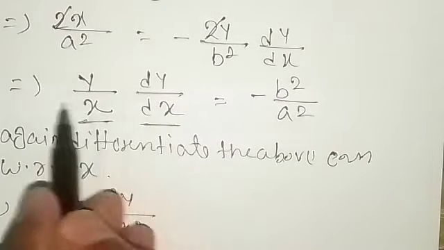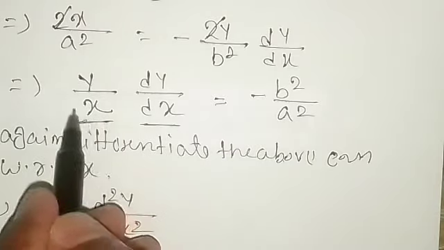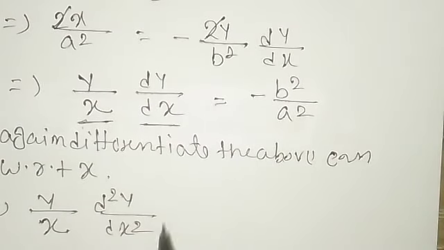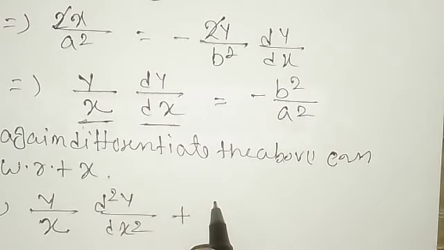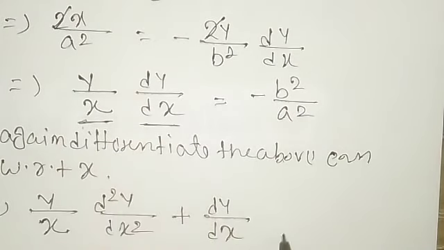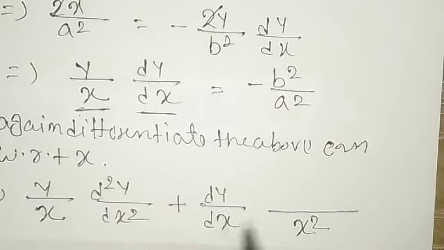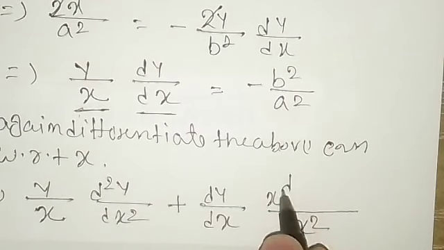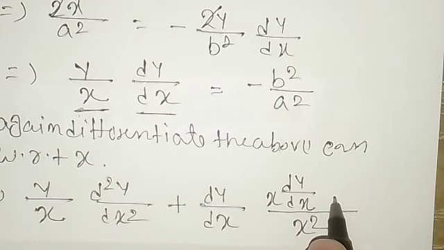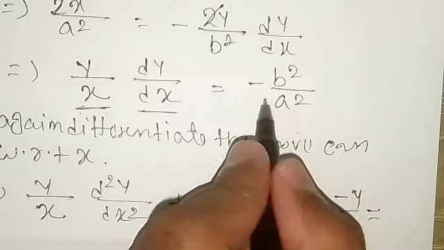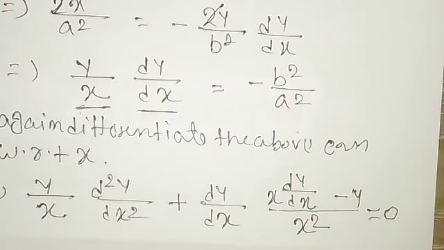Now leave the dy by dx and differentiate y by x, using the u by v rule: x into dy by dx minus y, over x square. And minus b square by a square is a constant, so we get 0.